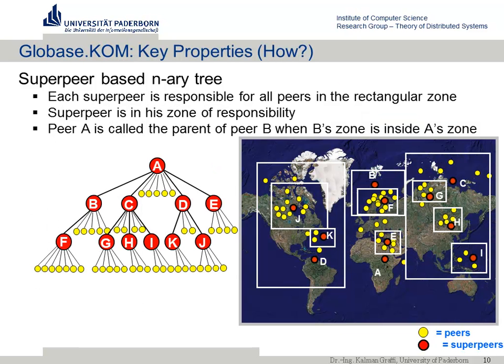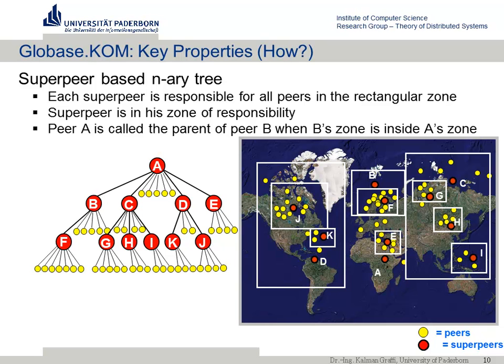Okay, so the first point is this n-array tree. Each superpeer is responsible for all nodes in its rectangular zone. So the responsibility in Globase is no longer one-dimensional, but two-dimensional, because it's a two-dimensional world, and it is organized in rectangles.